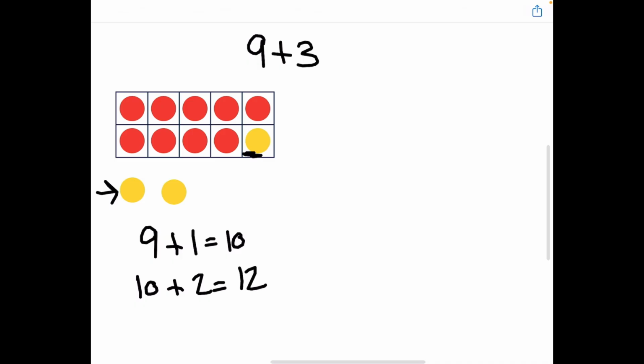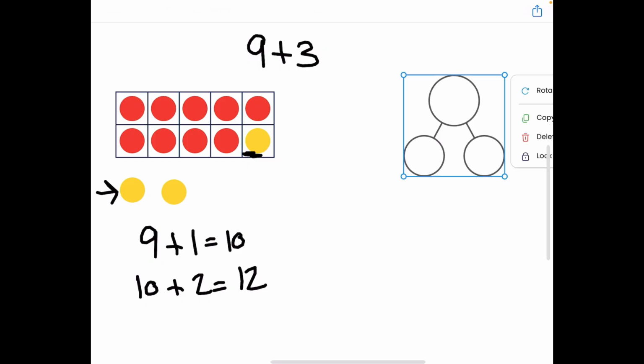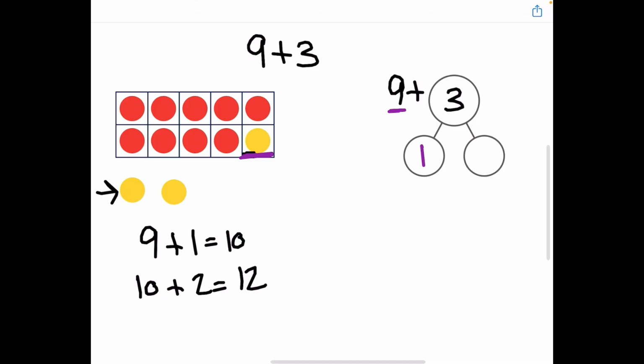Now we look at this with a number bond, which is what we want our kids to get to. I would have 9 plus 3. I'm going to break this 3 up. But the way I break it up is going to be determined by how much more I need to add to 9 to make a 10. Well, 9 plus 1 more gives us 10.